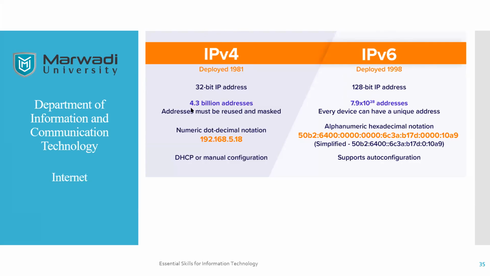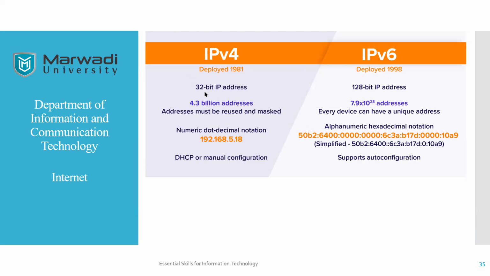That means 4.3 billion addresses, while IPv6 contains 7.9 times 10 raised to 28 addresses. Approximately, we can say that 128-bit is similar to 64-bit. Yes, of course, you can say that.